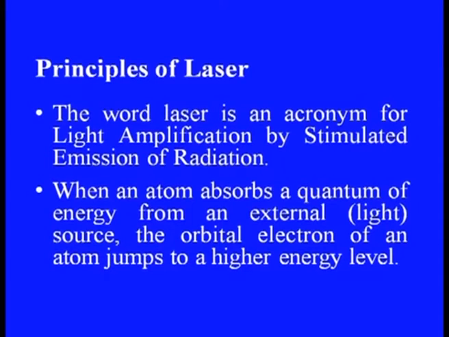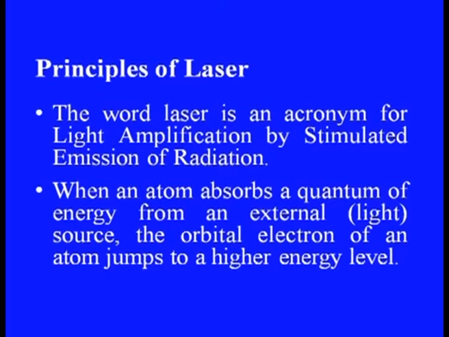Now, let us look at a little bit of the principles of laser, how laser is being produced. As everyone knows, the word laser is an acronym for light amplification by stimulated emission of radiation.